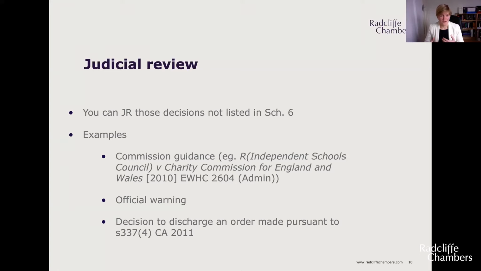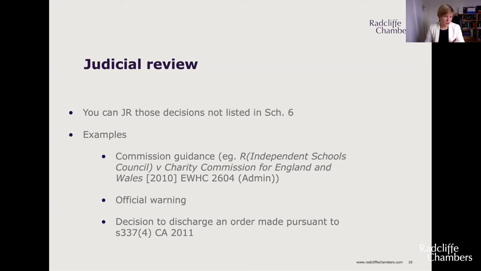So just to prove that these aren't the rarest of the rare, some examples. We know that you can challenge by JR Commission guidance. The Independent Schools Council case is on that point exactly. Something that I've come across and is why I've had to get to grips with JR. If you want to challenge a Commission decision to discharge an earlier order, so if you want to challenge a section 337 sub 4 decision, that has to be done by way of JR. And when I was reading last night, something that occurred to me is if you want to challenge an official warning, that probably has to be done by way of JR as well.